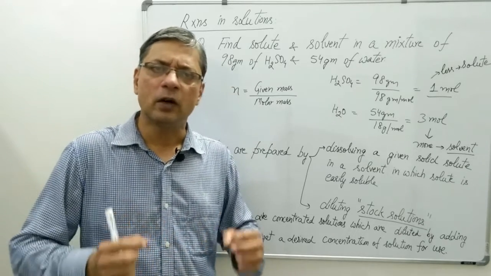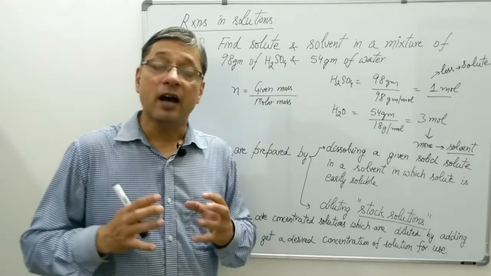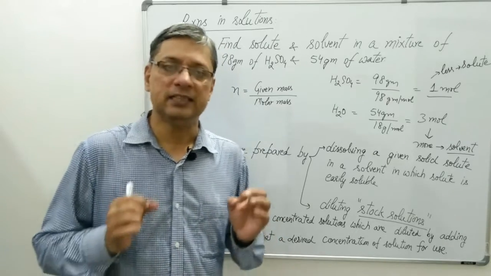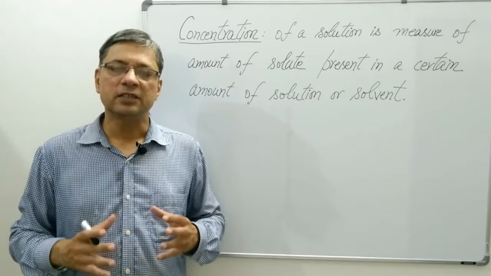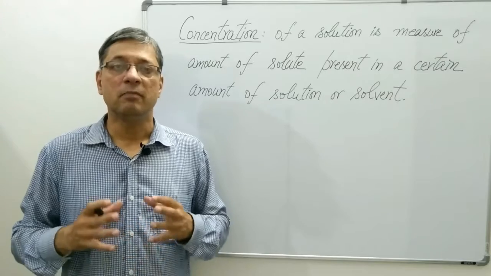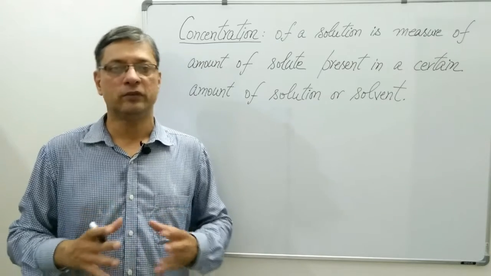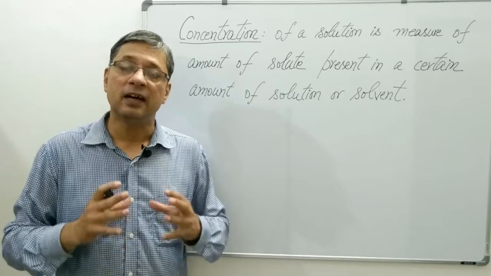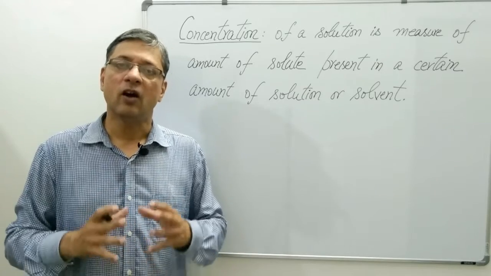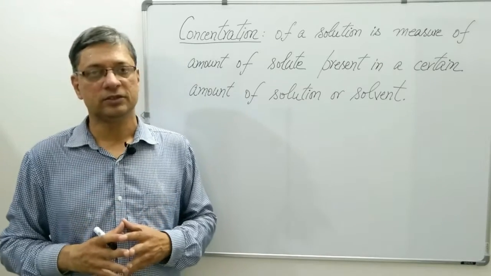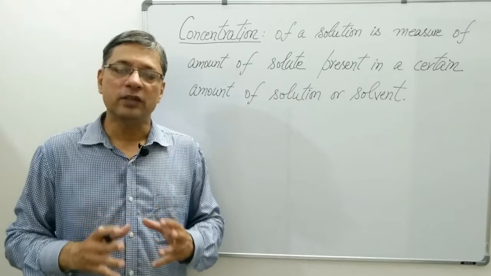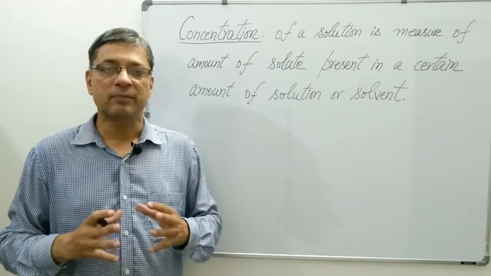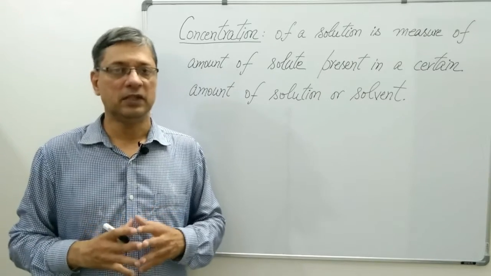Let us understand what a concentration is and how it is calculated. Concentration of a solution is a measure of amount of solute present in a certain amount of solution or solvent. Concentration of a solution is represented in different ways.